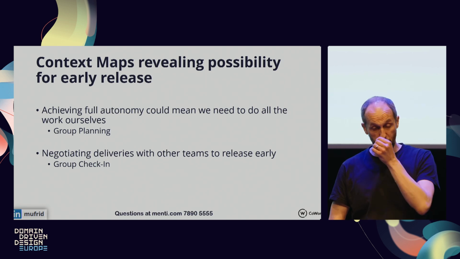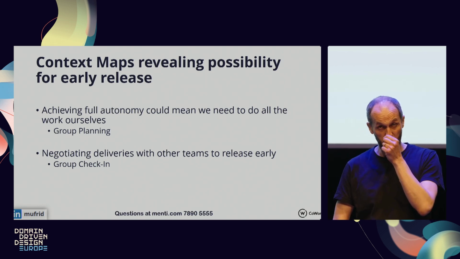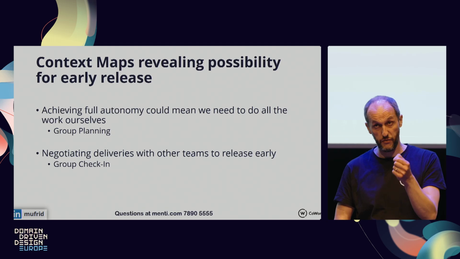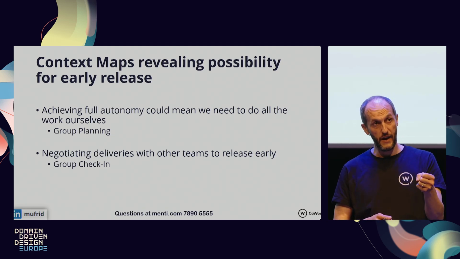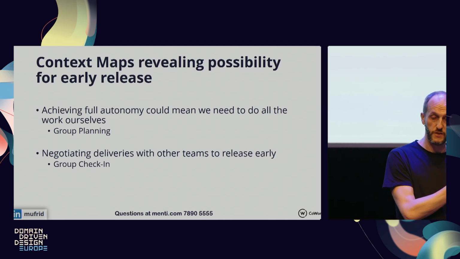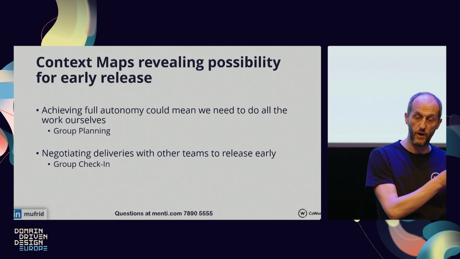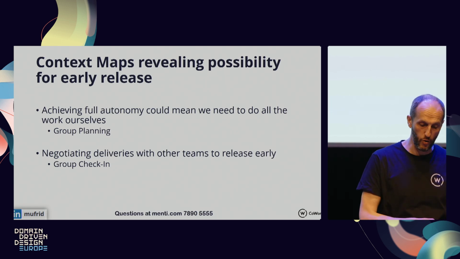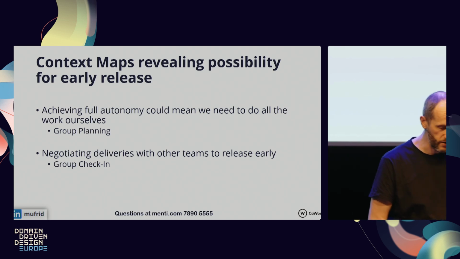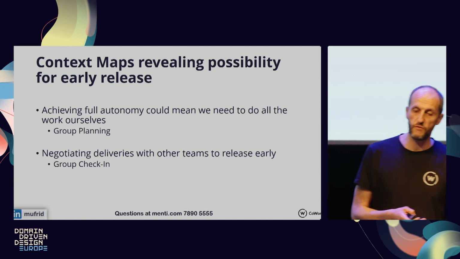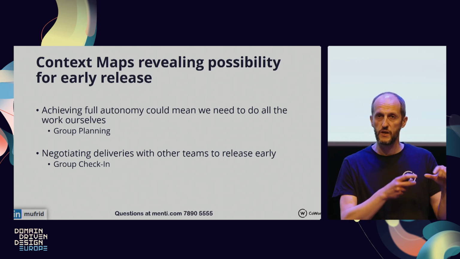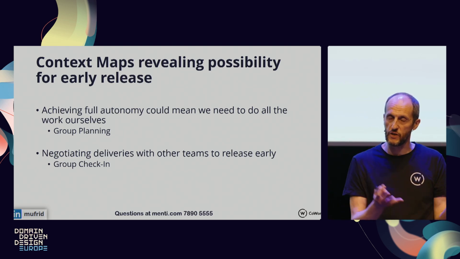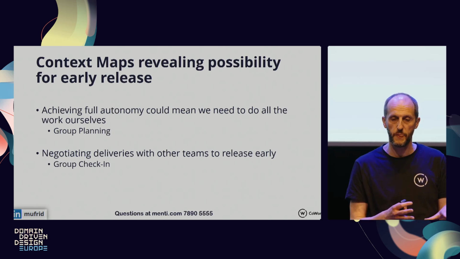And this is what was really, really interesting. Now, we all love full autonomy and fast flow, which gives us kind of full speed ahead. So if we had chosen to go for full autonomy, going along the line, no dependencies, then we would have started working on group planning, because that was rather isolated from the rest of the contexts.